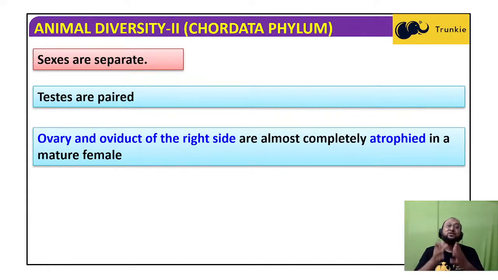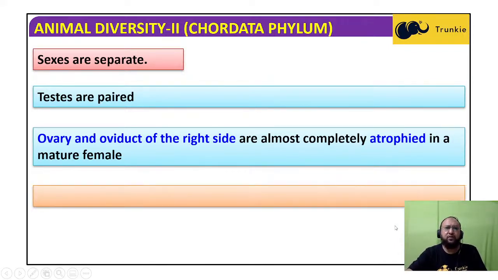Why this? This is also a change or adaptation for the aerial mode of flight, to reduce the weight of the body.